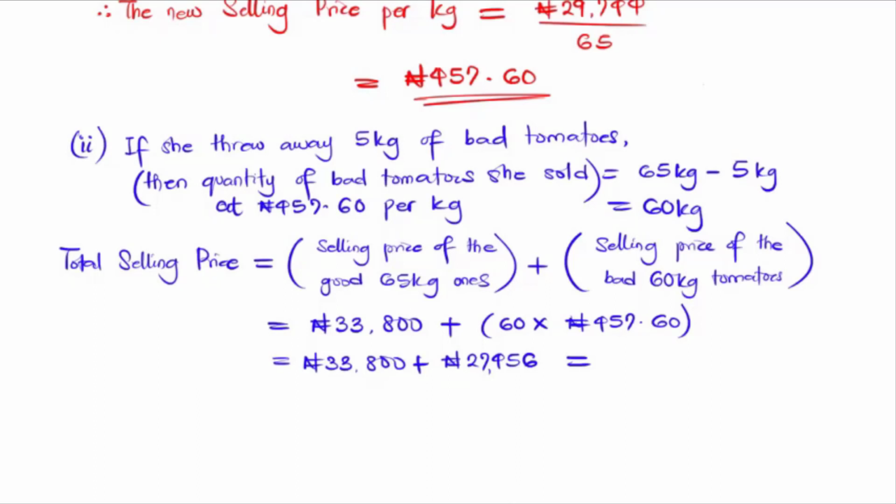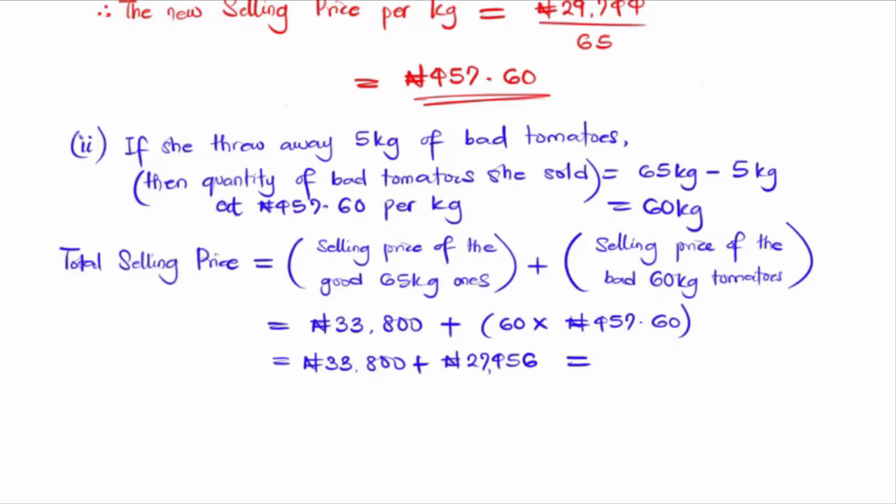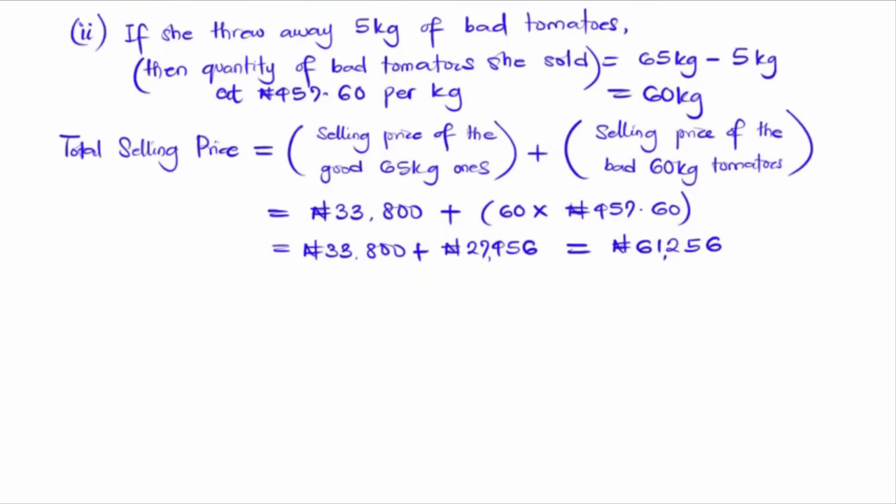Okay, so if we add the two, we add that to 33,800, that will give us 61,256 naira. So this is now our total selling price. We know our cost price initially, so we can find our percentage profit.